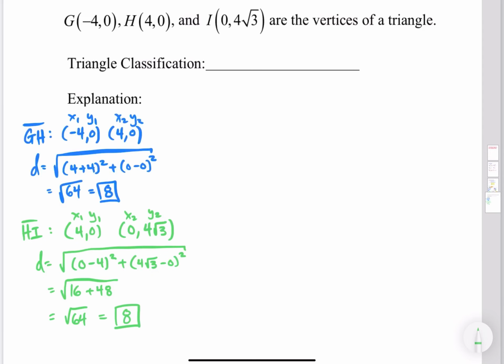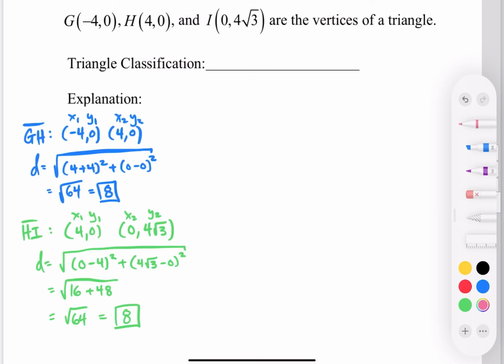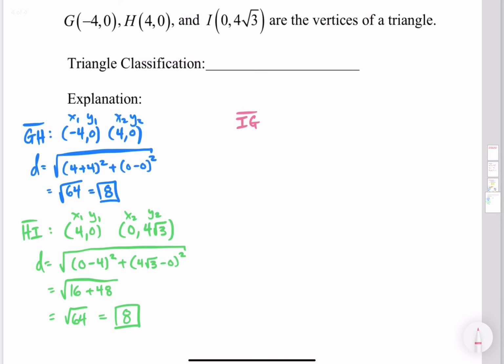All right, let's try that other side and see if we have an equilateral triangle. If we get another 8, we've got an equilateral triangle here. So we have GH, HI, and now IG, or GI. That's my third side. Now, I is at 0, 4 root 3, and G is at -4, 0. And again, I'm just going to substitute into the distance formula. So d is equal to the square root of, and remember this is my x1, y1, x2, y2.